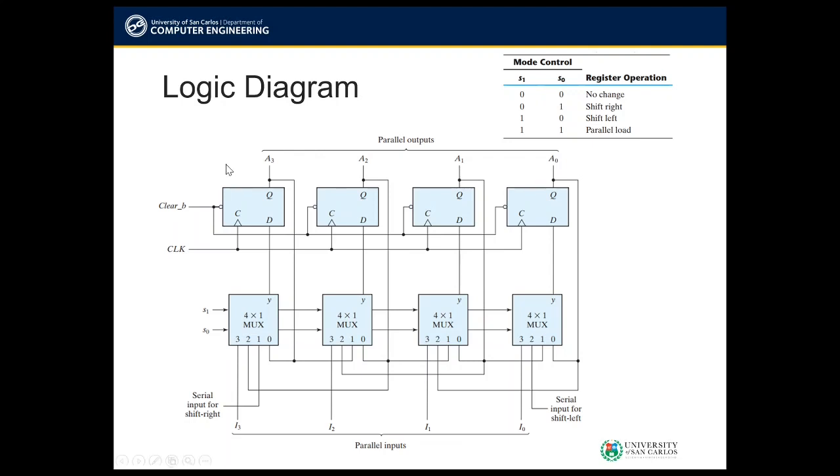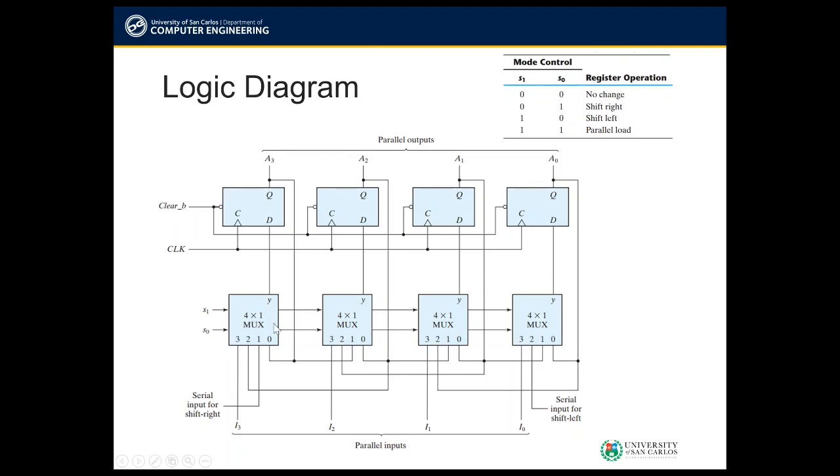Before I show you how to design this type of universal shift register, I just want to point out these points. Since we are designing a 4-bit shift register, we need 4 D flip-flops. And since we have 4 different modes of operation controlled by S1 and S0, we need 4x1 multiplexers.